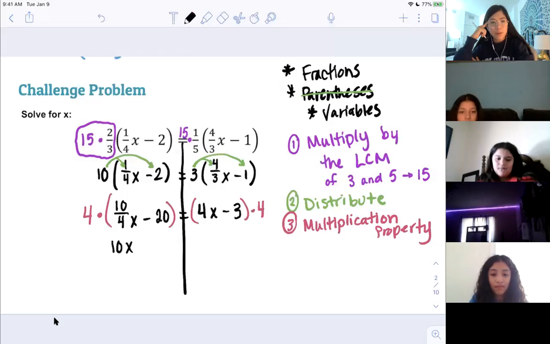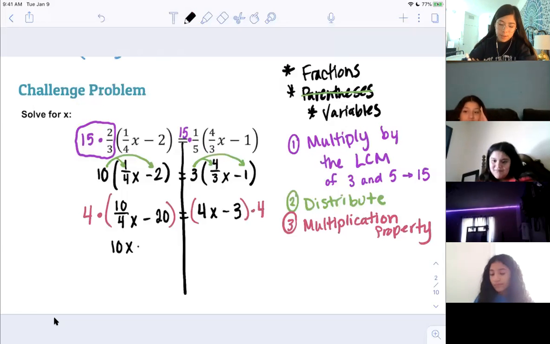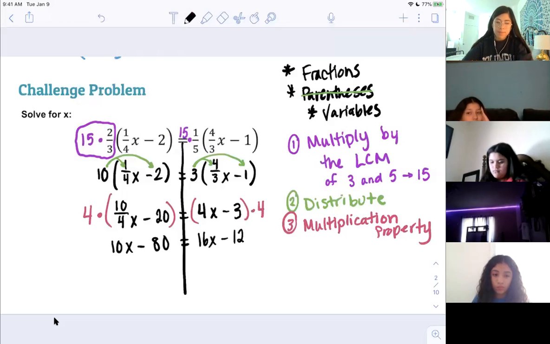I multiplied by the numerator and got 40. You divide by the denominator, you get 10. Oh. Then 4 times 20. That's 80. 4 times 4, 16. 4 times 3, 12. Everything got multiplied by 4.